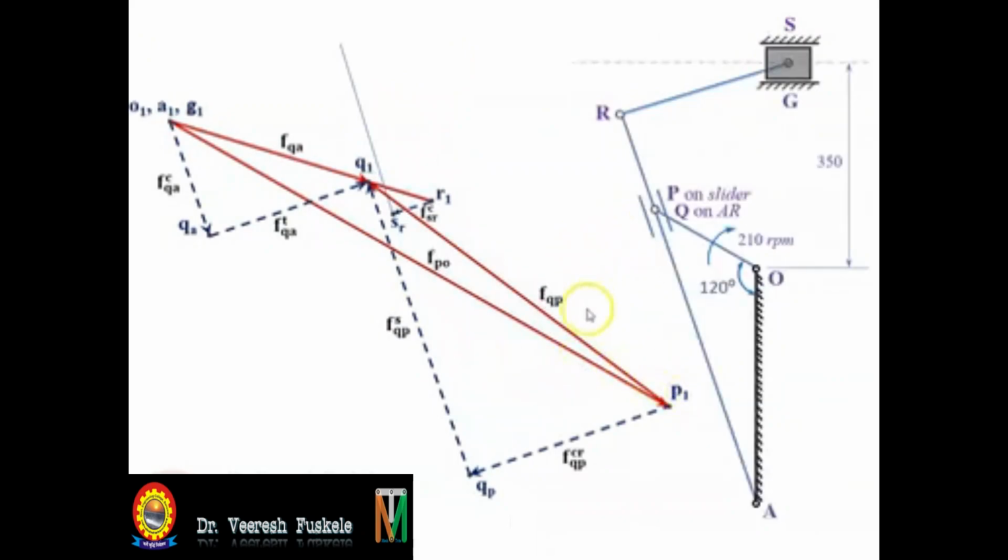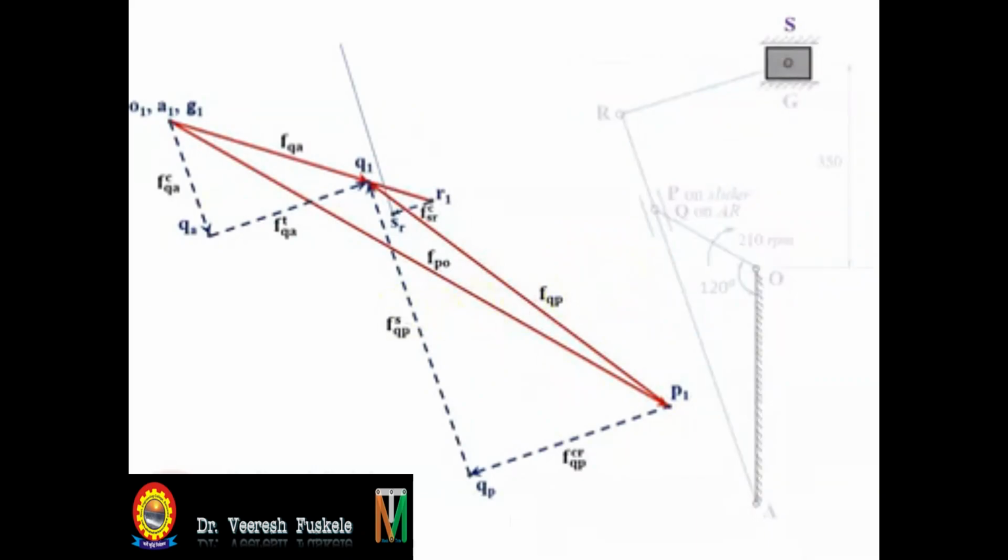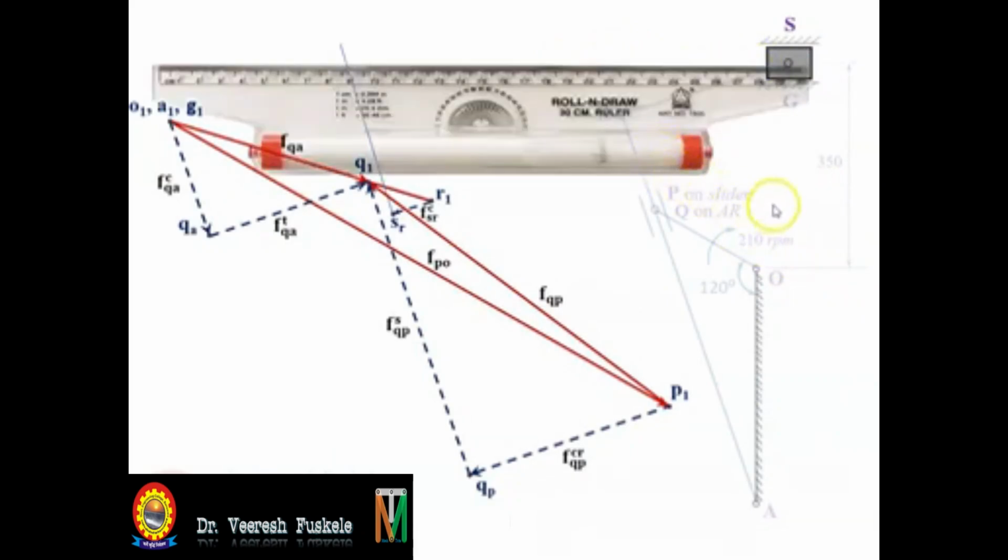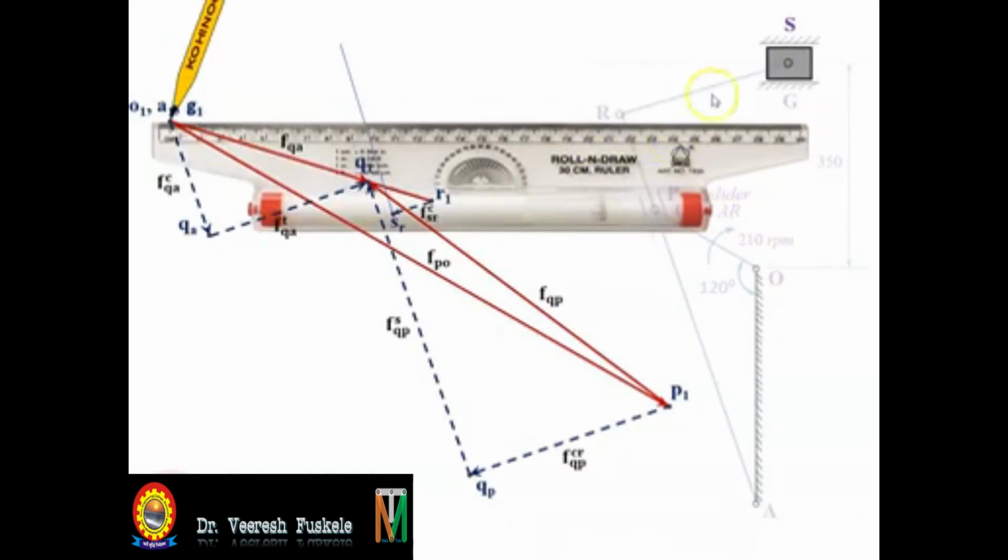Next, we have to draw the acceleration of the slider. The slider will be having motion in the horizontal line, so the acceleration of the slider will also be in the horizontal line. By the use of the roller scale, we will draw a vector parallel to this axial line as shown here. This will be drawn from the point G1.